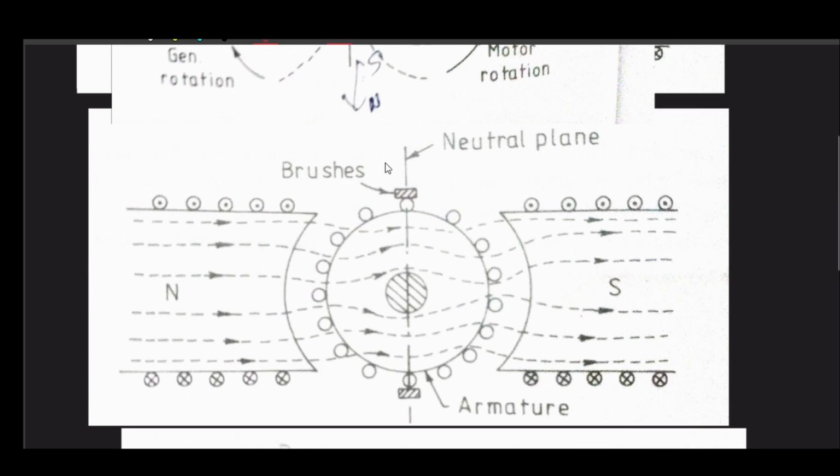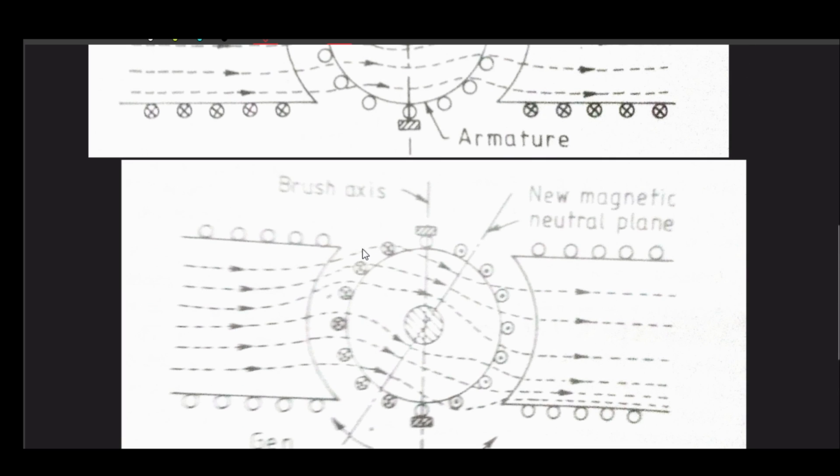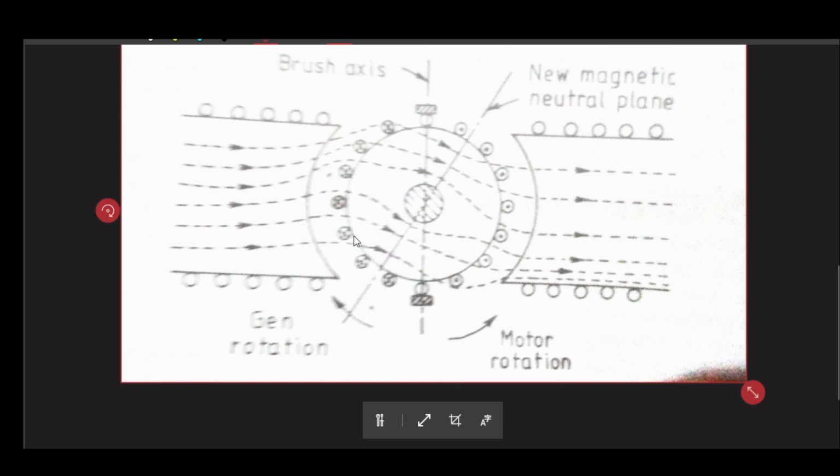So here you can see the position of the new magnetic neutral plane. The armature magnetic field will have a tendency to shift the magnetic plane in the direction of rotation in a generator, and in the case of a motor it will shift opposite to the direction of the motor rotation.